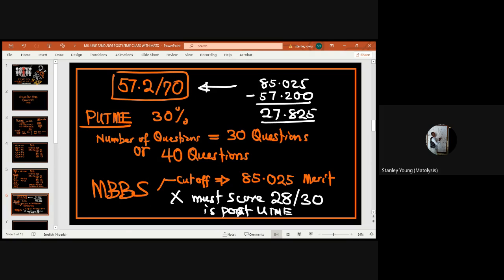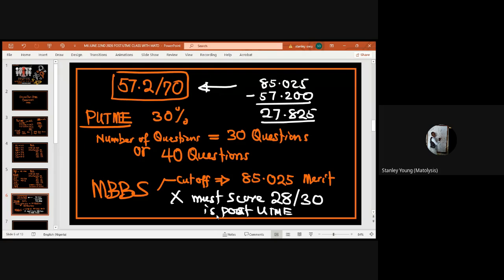Mr. X in this situation has to score 28 over 30 in order to be guaranteed an admission for medicine. Now, these are the computations you must do before you even begin this post-UTME journey. You need to first calculate the aggregate you have so far on the basis of your UTME score.